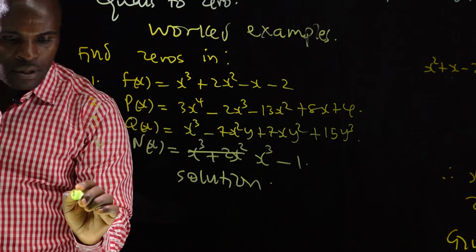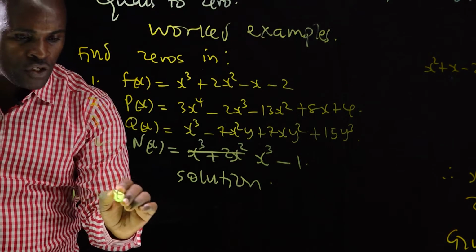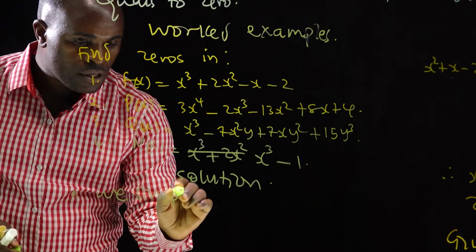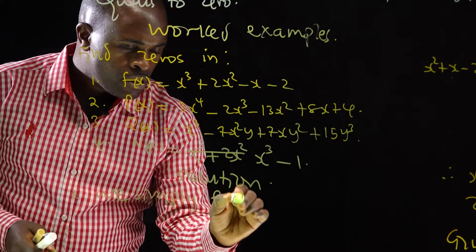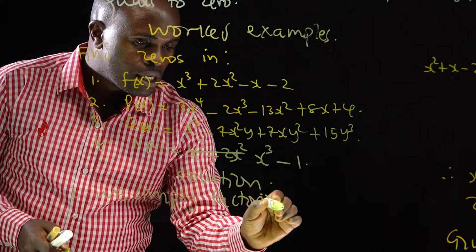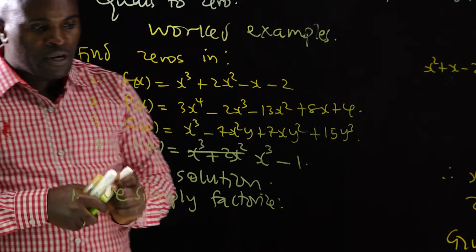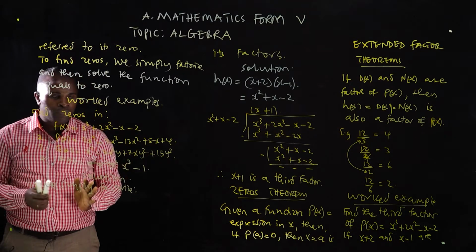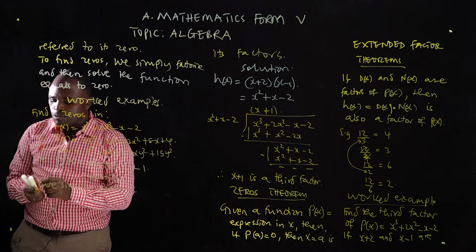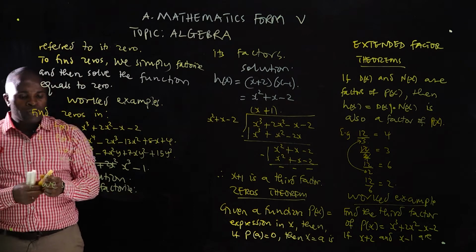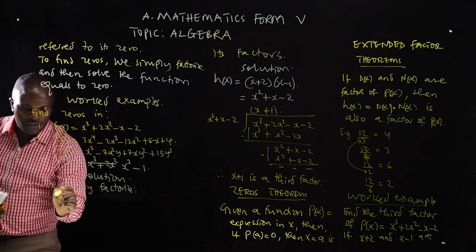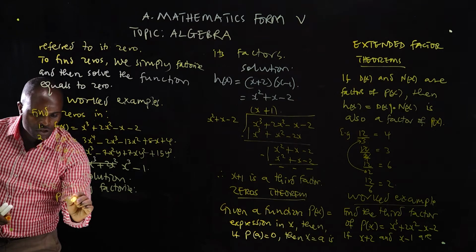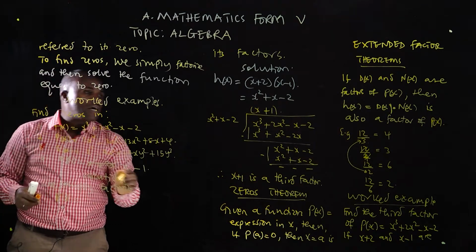Solution on this with zeros. Starting with 1, we simply factorize. Now I'm not going to waste my time factorizing, because we know using factor theorems we have performed the concept of factorization. Factorizing this, p of x, we have already factorized it.